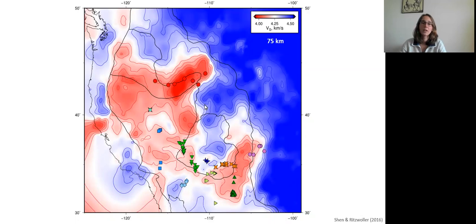And you can actually already see, looking at this, in the Snake River Plain you've got the reddest colors, so the slowest velocities, which coincide with the high potential temperatures that we've calculated from the geochemical modeling for the Snake River Plain. Whereas in the Colorado Plateau, where we've got ambient mantle potential temperature, the shear wave velocities are about normal, so not anomalous in either way, so they look white here.